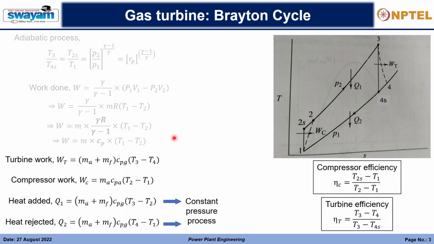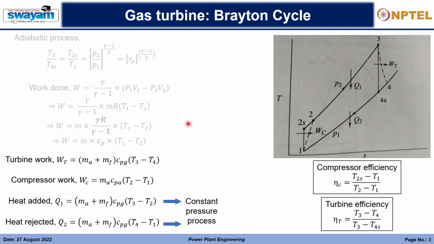Accordingly, we can now write the expressions of the turbine work, that is (Ma plus Mf) into Cpg (T3 minus T4). Here Ma is the mass of air at the inlet to the compressor, and Mf is the mass of fuel being supplied to the combustion chamber.